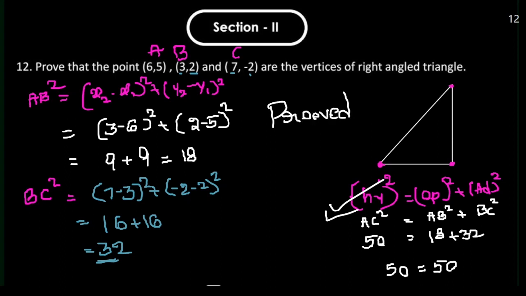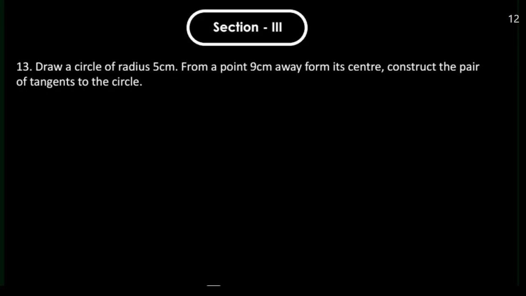Now let's see the next question. Here we have entered into the third section. Draw a circle of radius 5 cm from a point 9 centimeters away from its center. Construct a pair of tangents to the circle. Okay, it is the construction. Now we are not constructing here, but I'll just tell you how it will be done and how it appears.